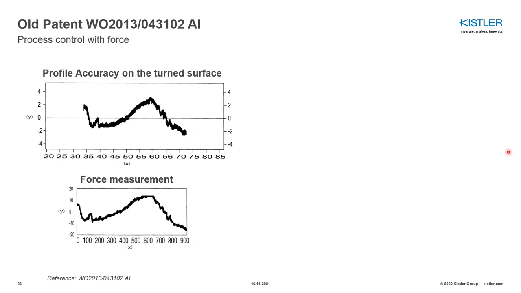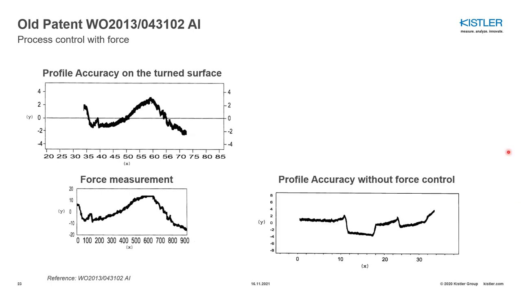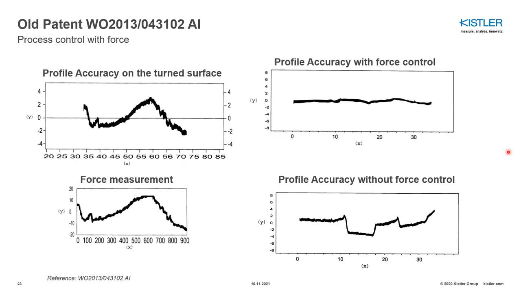And in this case, the owner of this patent has used this in order to improve the straightness, the profile accuracy. So they connect the force signal to the machine. As you can see here, when they have force control during chip formation, they are changing different settings of the cutting speeds and feeds and so on.